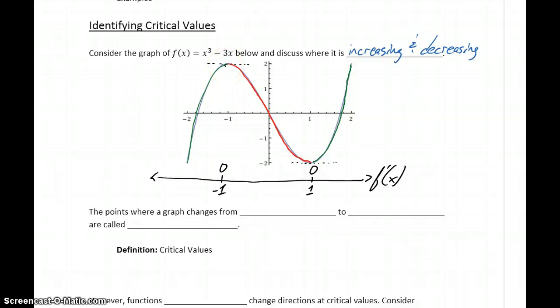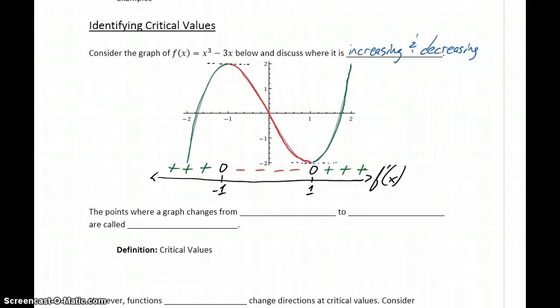When our function is increasing, the value of our first derivative has to be positive. When our function is decreasing, the value of our derivative would be negative. So on the interval from -1 to 1, the first derivative is going to have negative values. And once we get past x equals 1, our function is increasing again, so our first derivative would have positive values.